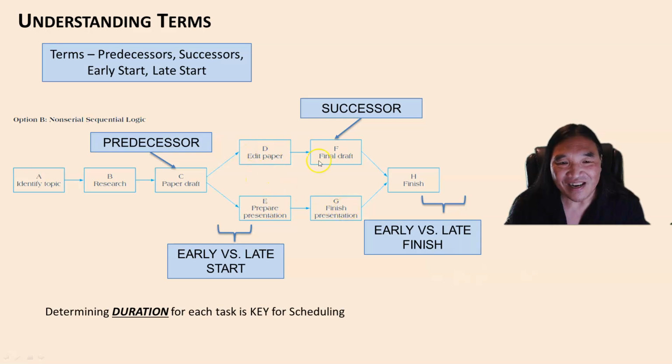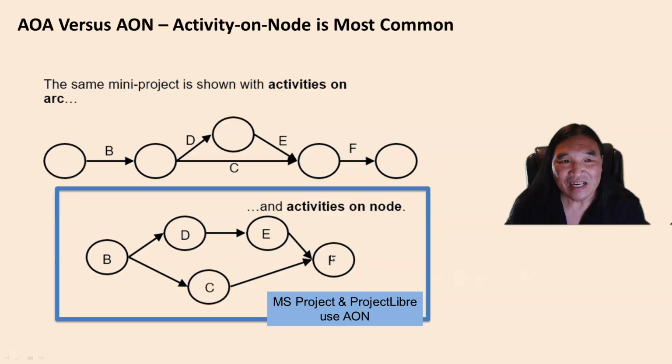And so, depending on how long this is, odds are your presentation is going to take a lot less time than writing a paper. And so, this could have a late start. Or, maybe I want to early start this so this guy can go help this guy. And what it comes down to is the length of this is called a duration.